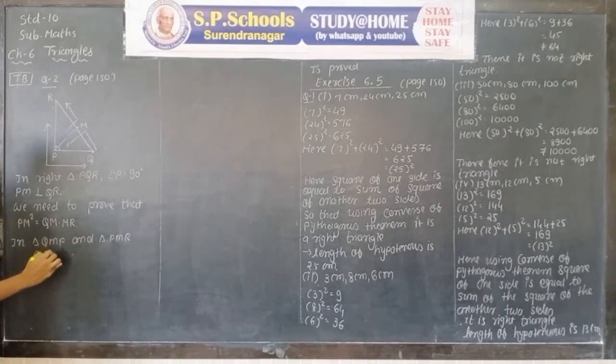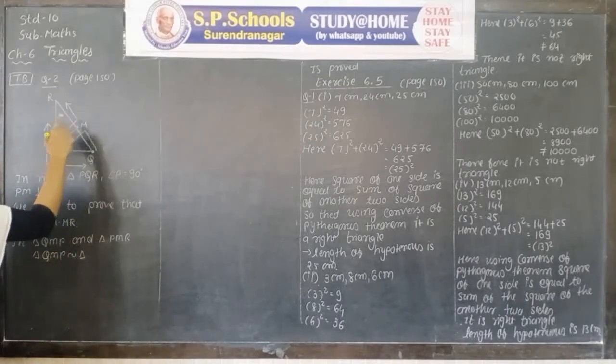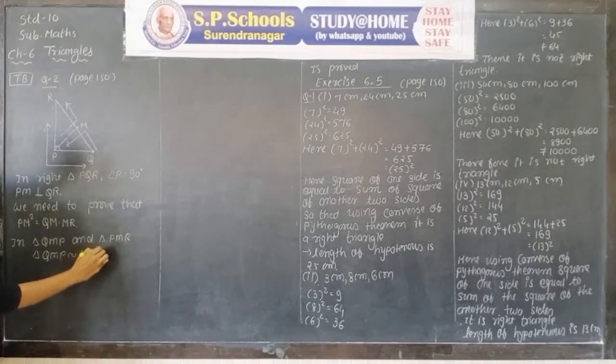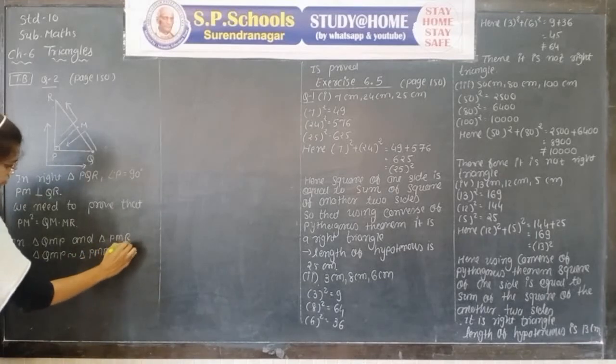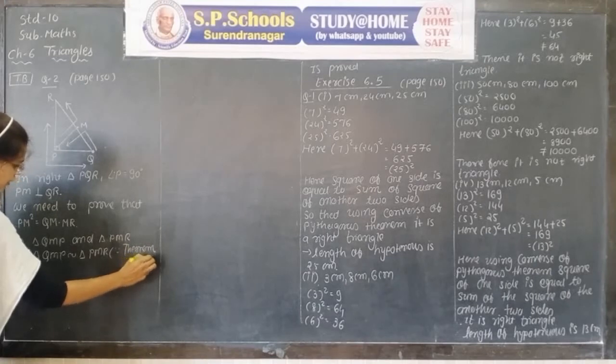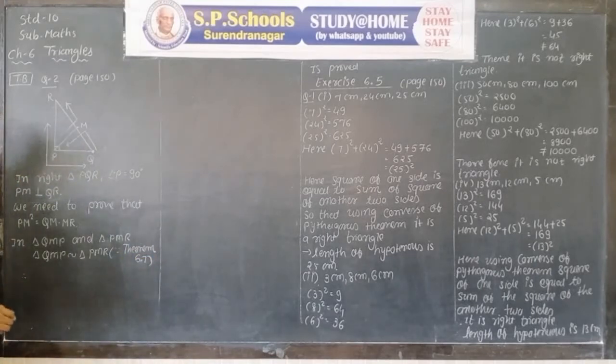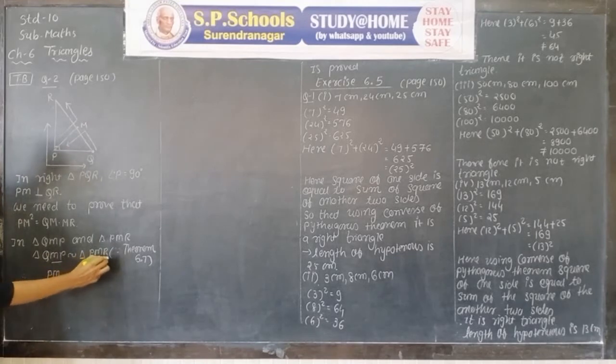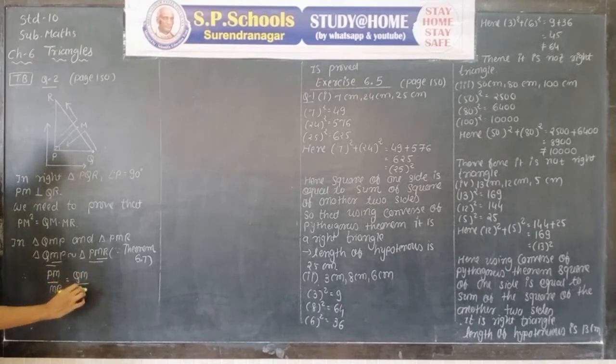Triangle QMP is similar to triangle PMR, because of theorem 6.7. That's why take the ratio of the sides. MP means PM corresponding to MR is equals to, next is also PM corresponding to QM upon PM.